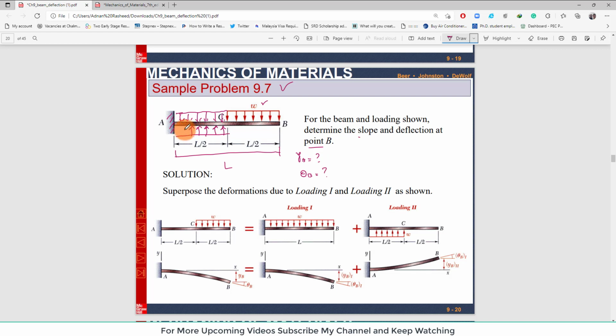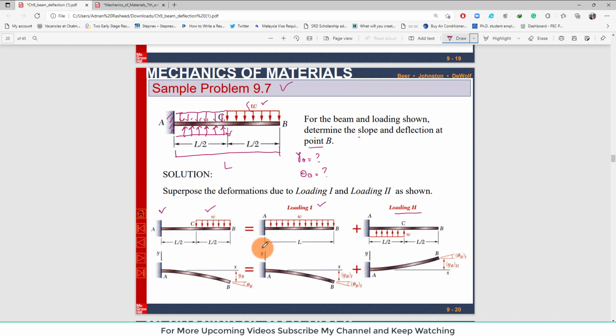So now we can see that we have this loading, and due to the method of superposition we have converted this load into a loading type 1, that is, the whole of the beam is acted upon by a load W. Clear? And the second one is this loading that is acting below the beam. So this is loading 2. Clear? Now these two sums will again give you the same beam.